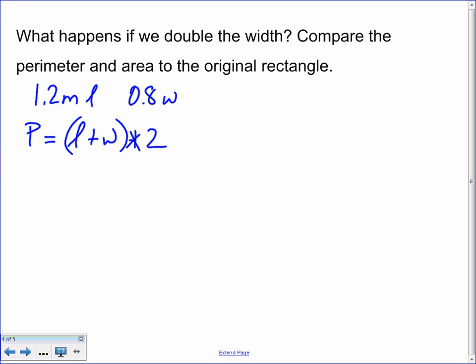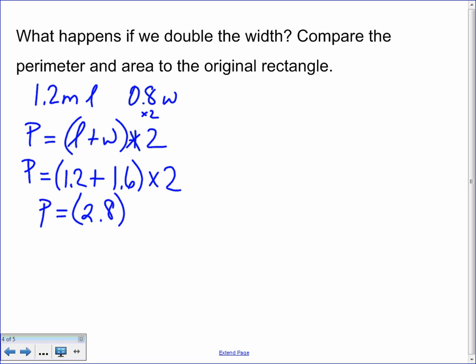If I double my width, my perimeter is now 1.2 plus 1.6, since it's 0.8 times 2. So when I figure this, I have 1.2 plus 1.6, which is 2.8, times 2. My perimeter is 5.6 centimeters.